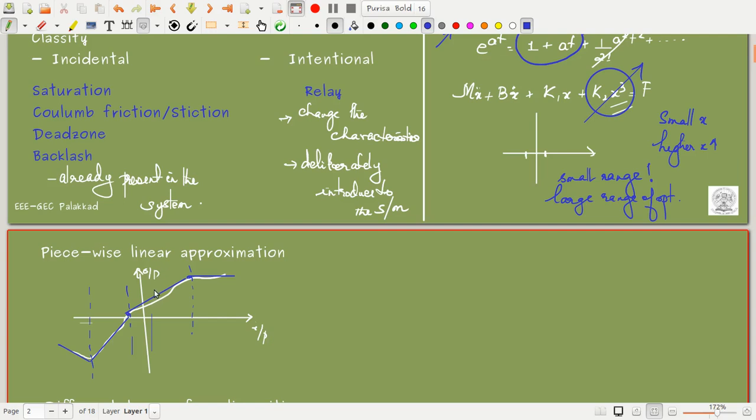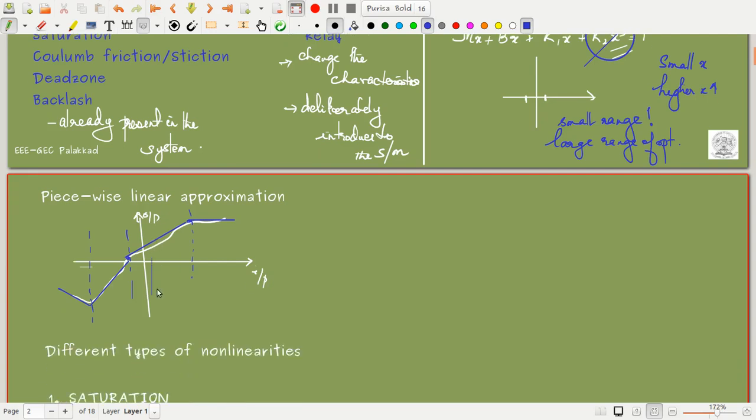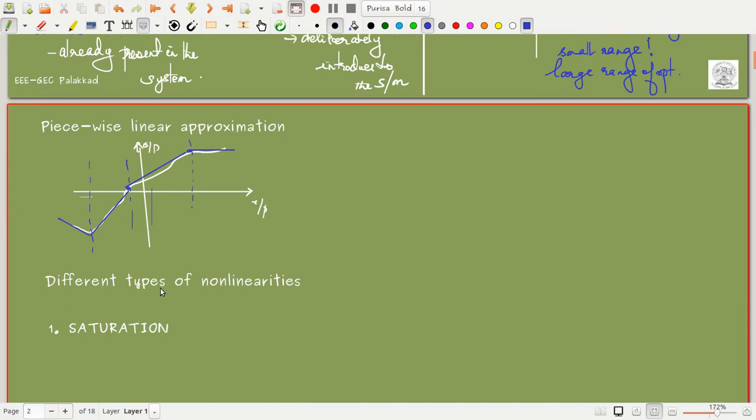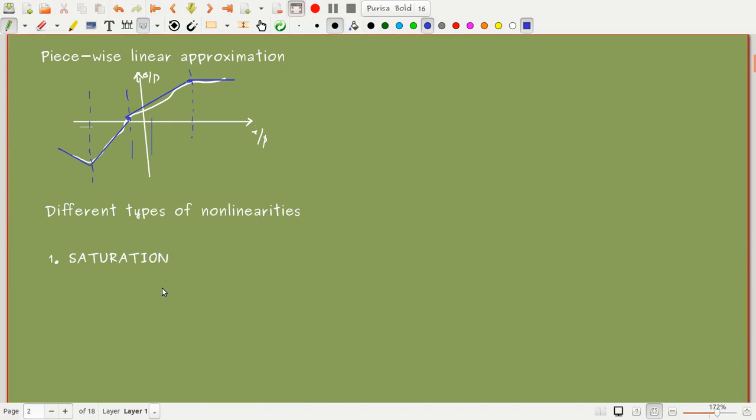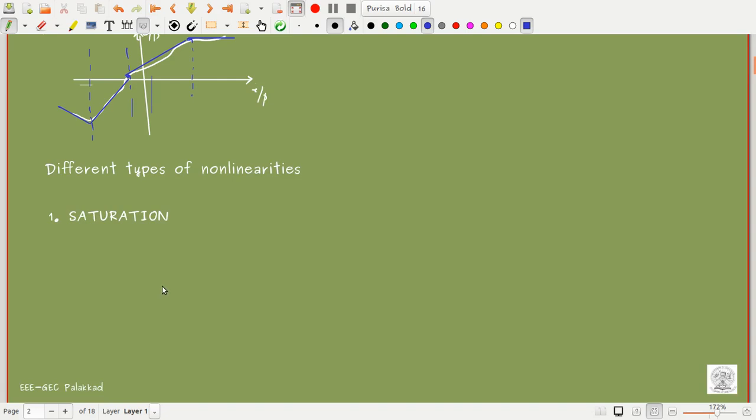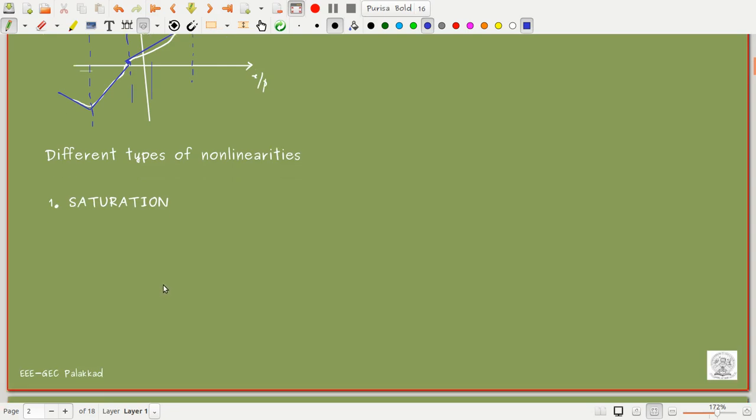Now we will go to the major part of today's session, which is the different types of nonlinearities that we see. First, we will see the common nonlinearity that you all know, which is called a saturation type nonlinearity.